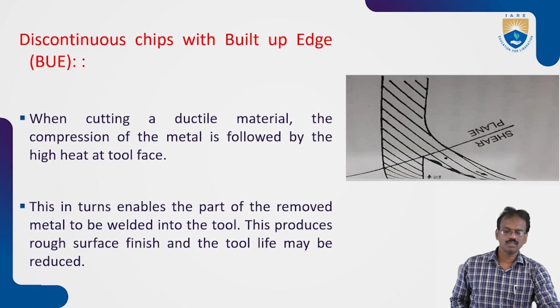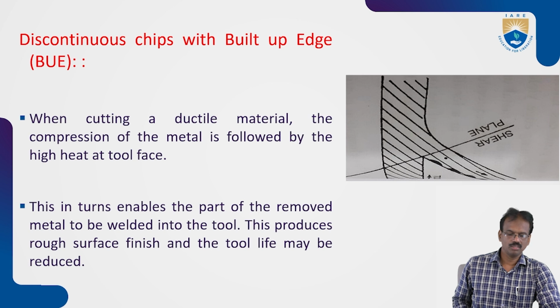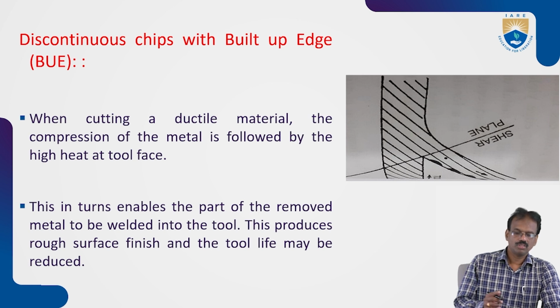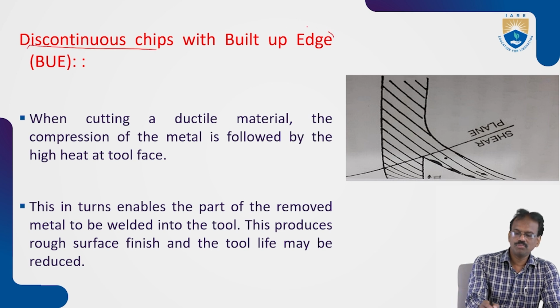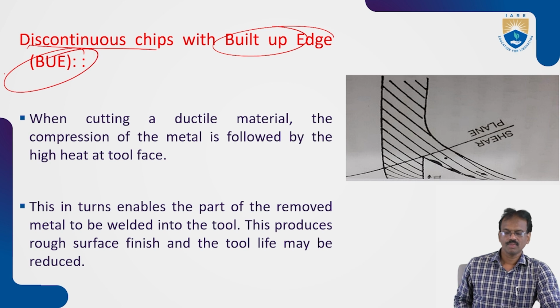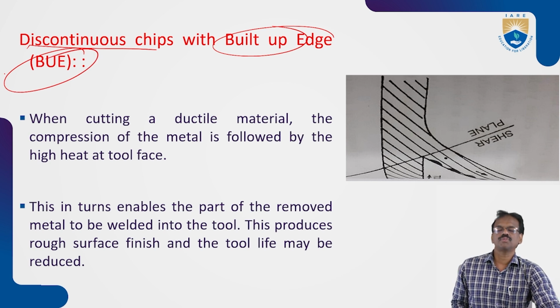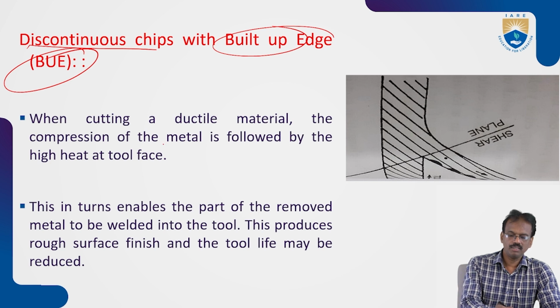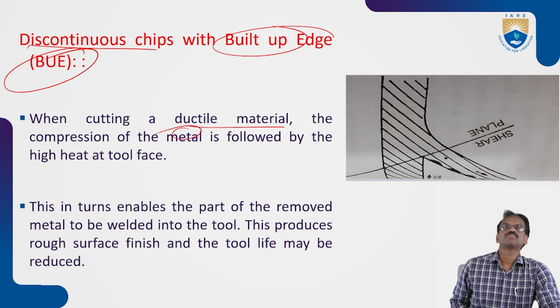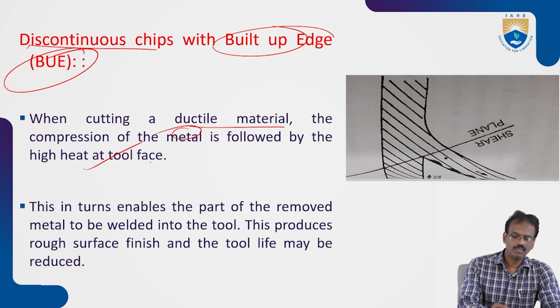Now we'll see discontinuous chips. So this is the discontinuous chips with the built-up edges. We'll see why this type of edge is formed while machining. When cutting a ductile material, the compression of the metal is followed by high heat at the tool face.